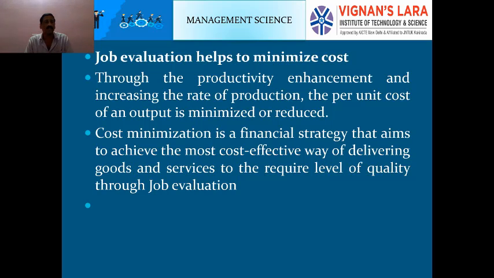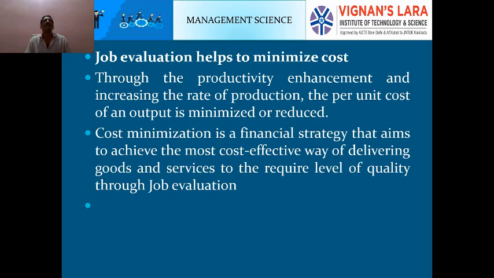Next significance is job evaluation helps to minimize the cost. That means the total cost of production is minimized. How is it possible? Take appropriate decisions regarding labor and inputs, where the inputs are not used properly. That means the wastage rate is more.